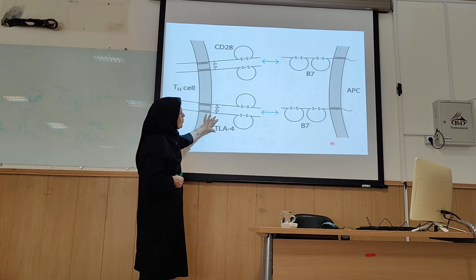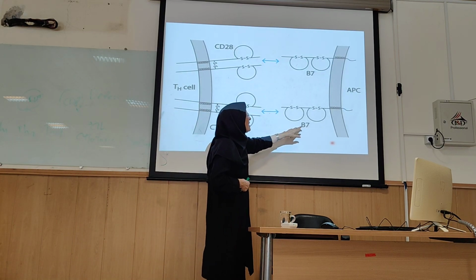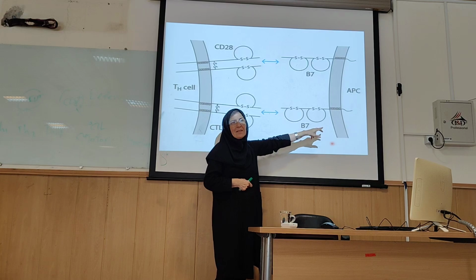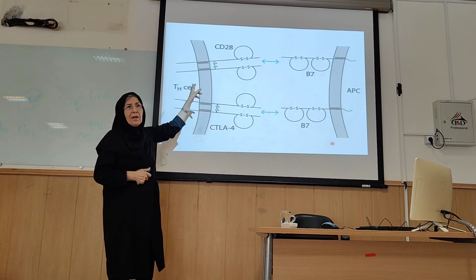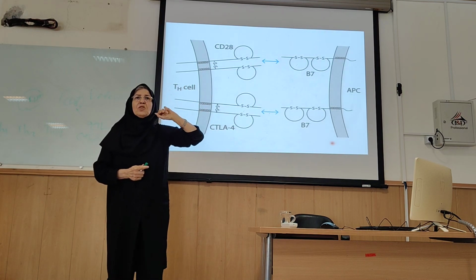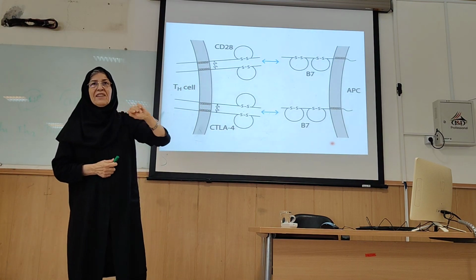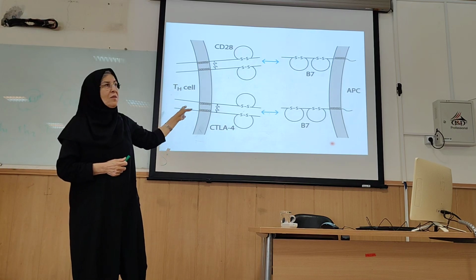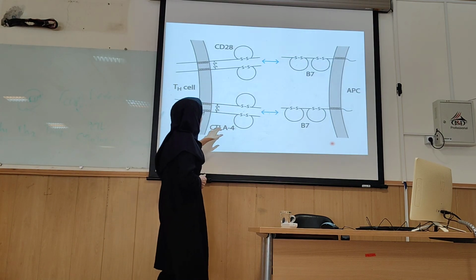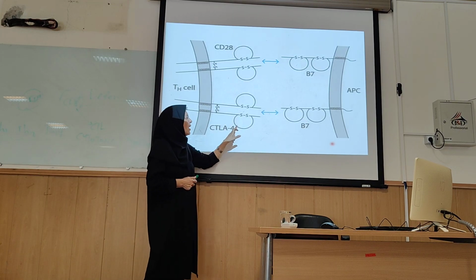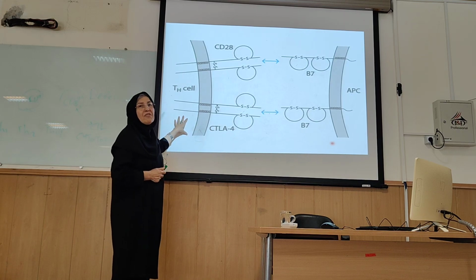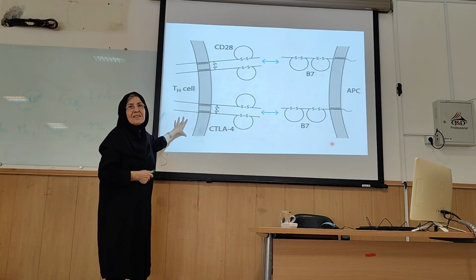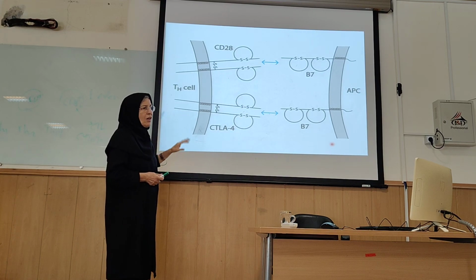Both of these two molecules bind to B7 on the APCs. But the CD28 molecule has an activatory function, activates T cells by binding to B7. But CTLA4, when bound to the B7, can suppress the function of the T cells, can suppress the activation of the T cells.